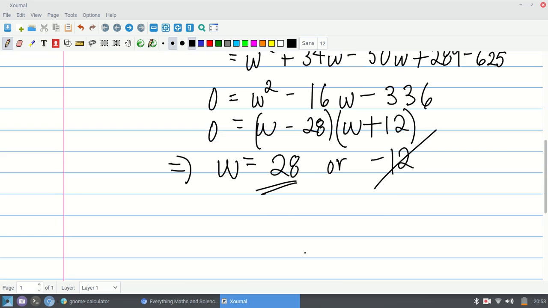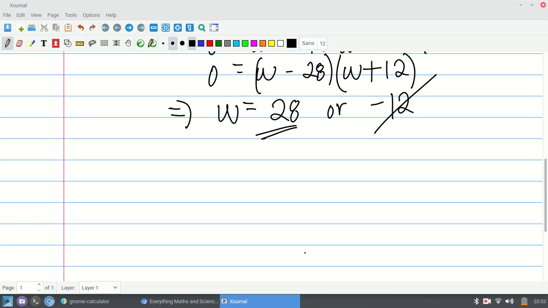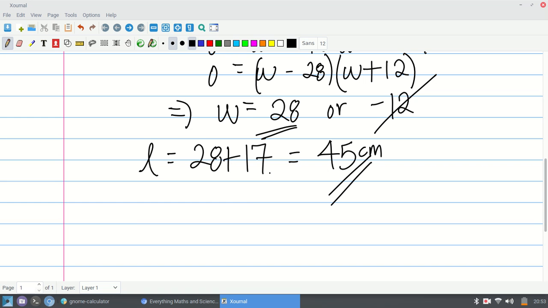Now, it wants the dimension, so it also wants the length. If the length is 17 added on to w, then the length will be 28 plus 17. And so it's going to be 45 centimeters. So the width is 28 centimeters and the length is 45 centimeters. And so that's what I get for my answer.